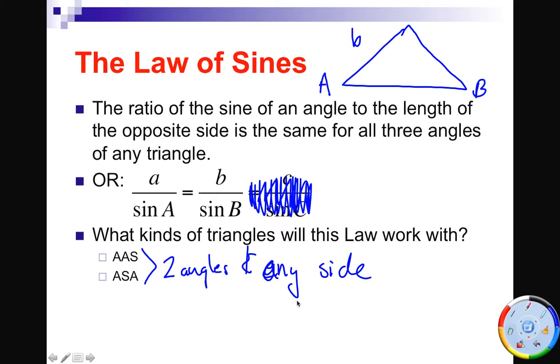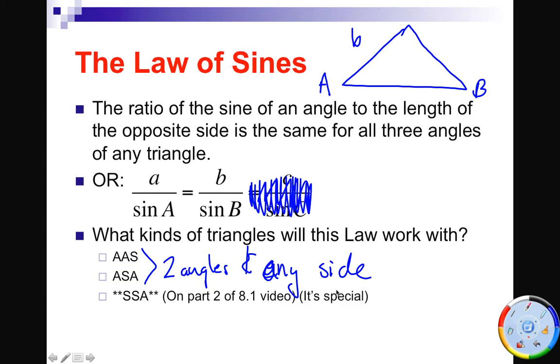And the third way that we can use law of sines is for the SSA. Now you might remember from geometry that that was kind of a special thing that you weren't allowed to do. But in the law of sines, it actually does work sometimes. This is the special case.